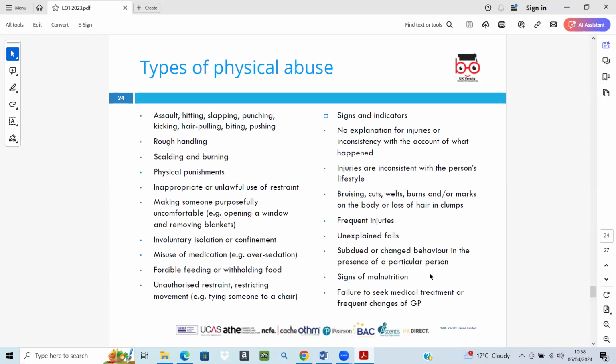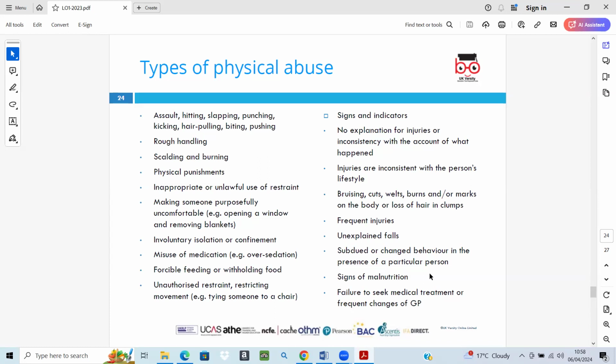And for example, what should we do if we suspect someone is being physically abused? If we suspect physical abuse, we should report it to appropriate authorities such as a supervisor, safeguarding team, or social services, and ensure the victim receives medical attention or any sort of support which they need.